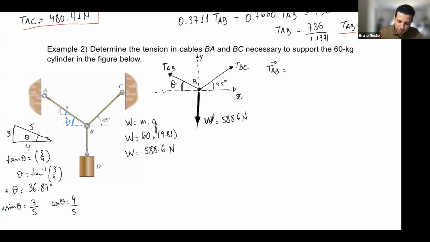X component of this guy, right here, negative direction, negative. What is the magnitude? TAB. The angle is measured here, so it's the cosine. This is the cosine of 36.87, or 3 over 5. Oh, sorry, 4 over 5. 4 over 5.